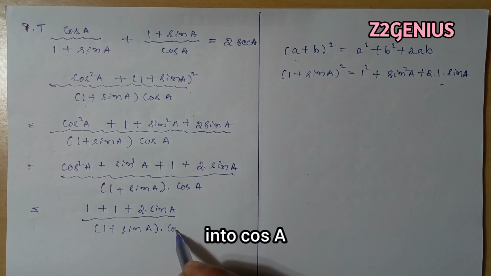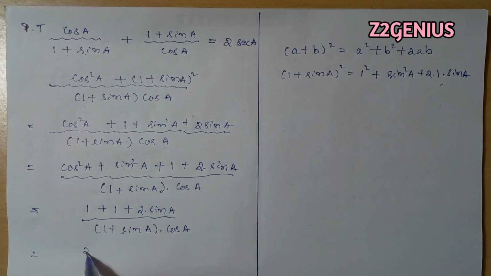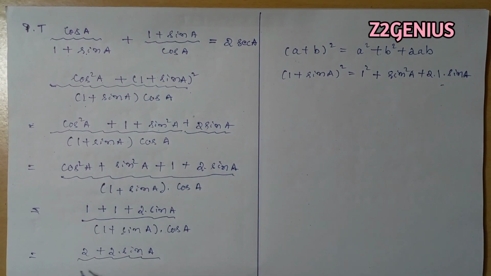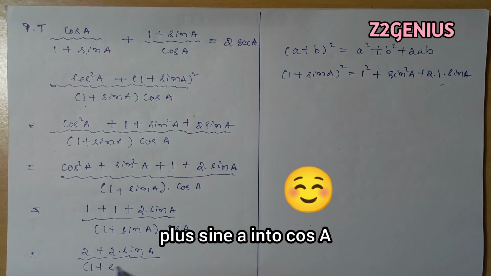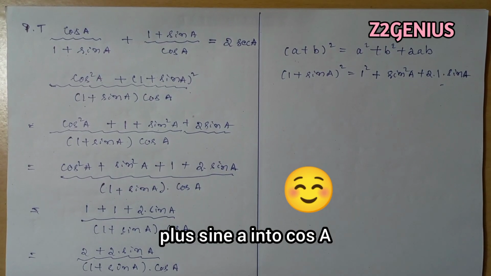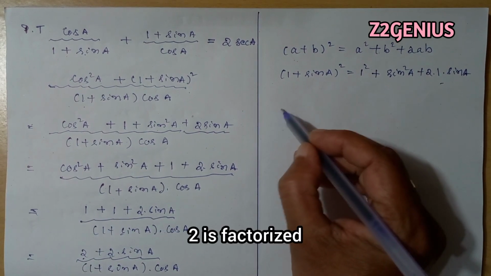into cos A. Here 1 plus 1, you may add that, becomes 2, plus 2 times the sin A, whole divided by 1 plus sin A into cos A. Here you may take the 2 common, 2 is factorized.